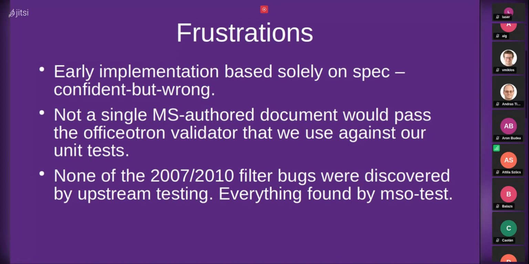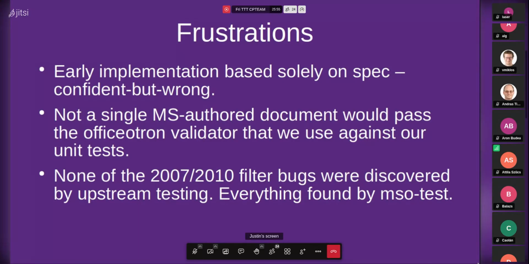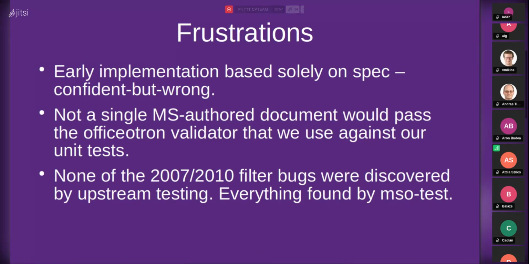Another frustration is that none of these 2007 or 2010 filter bugs were discovered by customers or upstream testing. Everything is found by MSO test, where we're running this against thousands of documents, and so you start to see some kind of a pattern or something just doesn't look right.